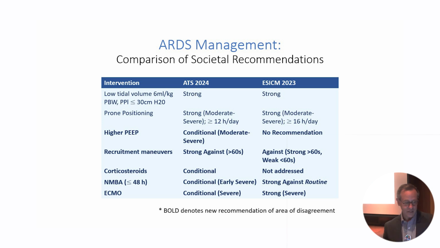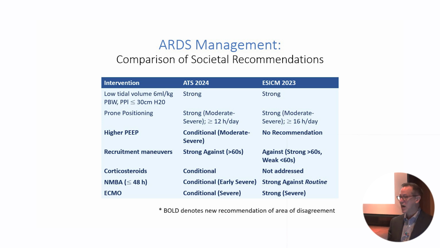So one thing is, both groups strongly endorse the use of low tidal volume, lung protective ventilation. They both strongly endorse the use of prone positioning. We know that that's associated with a mortality benefit in moderate to severe ARDS. But I highlighted the ones where either there were new recommendations that they hadn't made previously or where they disagree.